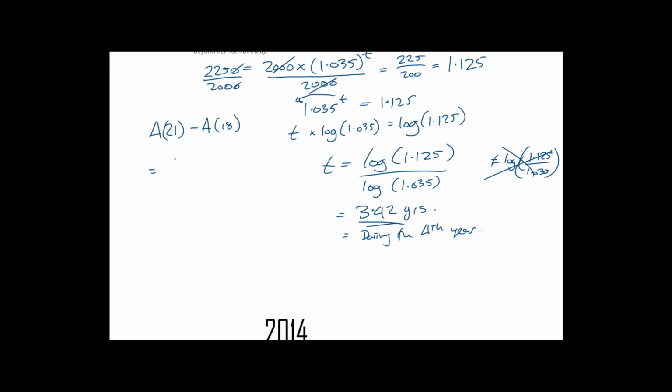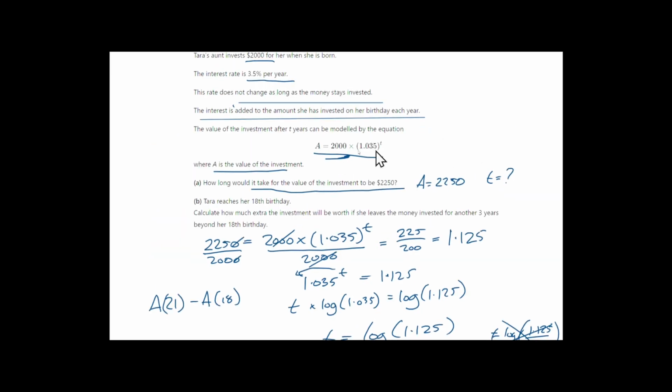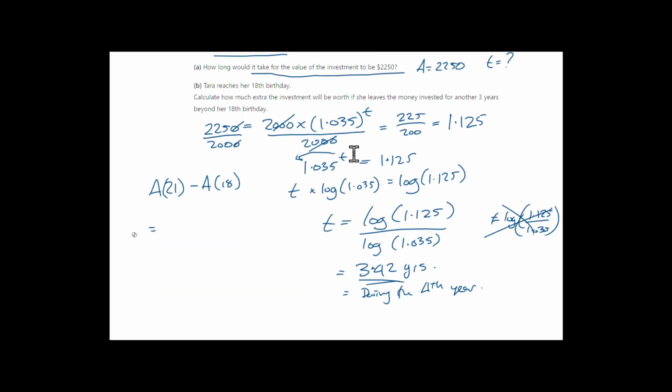And in that case, we're just going to come along to our primary equation and work it out, the one that we've got up here. So that's going to be equal to 2000 times 1.035 to the power of 21 minus 2000 times 1.035 to the power of 18.